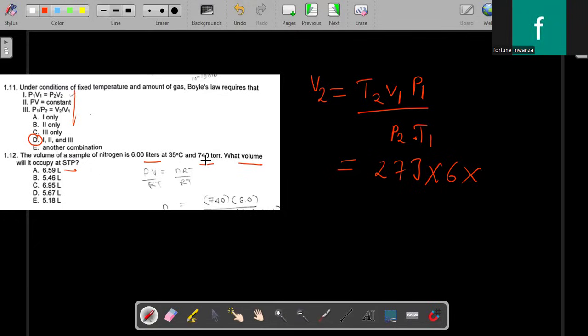So I simply multiply with my pressure there, which is 740.